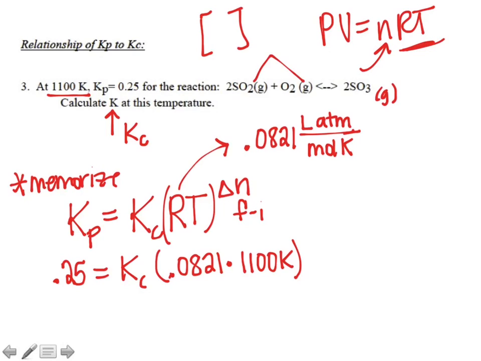On my reactant side, how many moles of gas do I have? Add the coefficients: 3. On the product side, we have 2. So 2 minus 3 gives me negative 1 for my delta n. So solve for Kc.